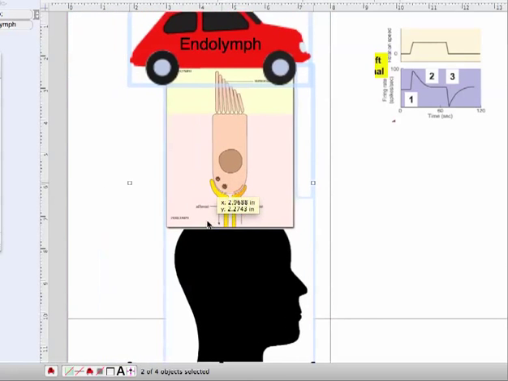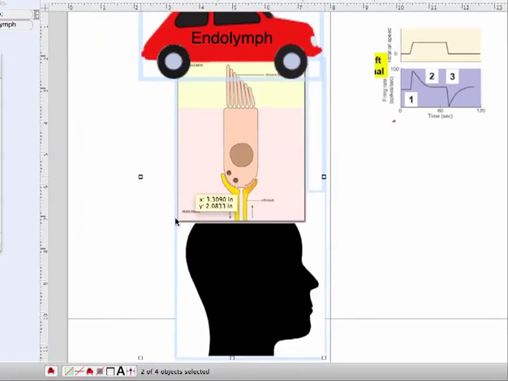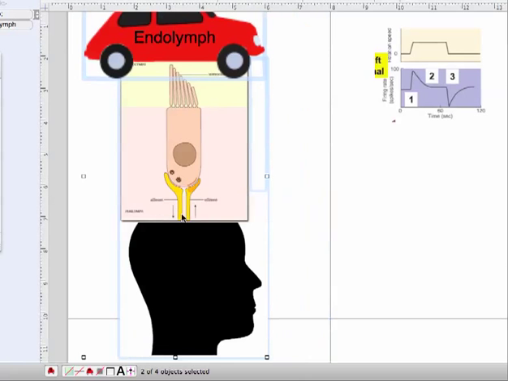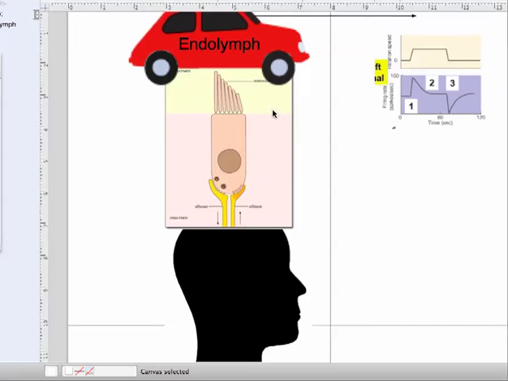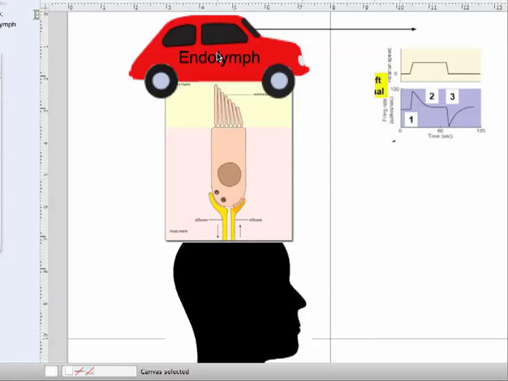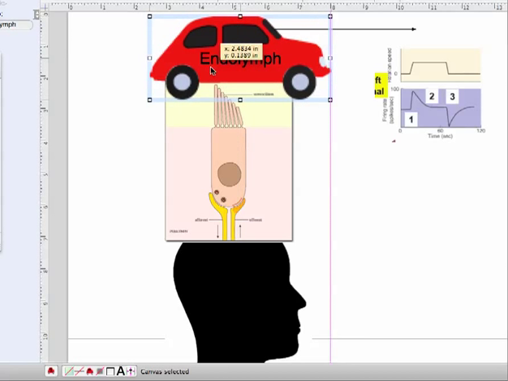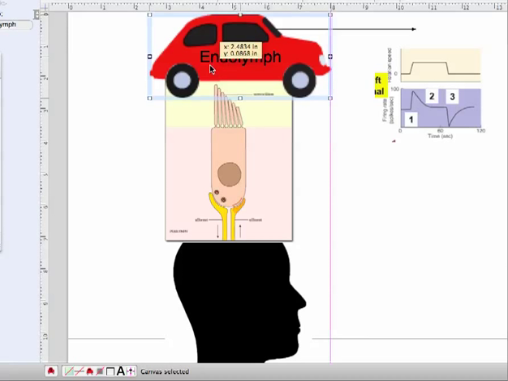But then all of a sudden, your head stops rotating. So your head stops rotating, but it takes a little bit longer for your endolymph to also stop moving because it's a fluid. So it's going to keep going, and then it's going to slosh around, and ultimately it'll return to the same velocity that the head is at, which is no velocity.